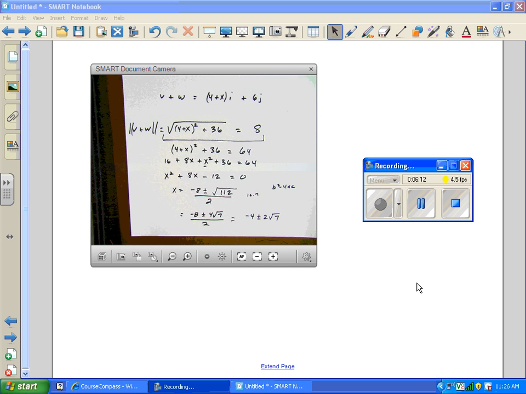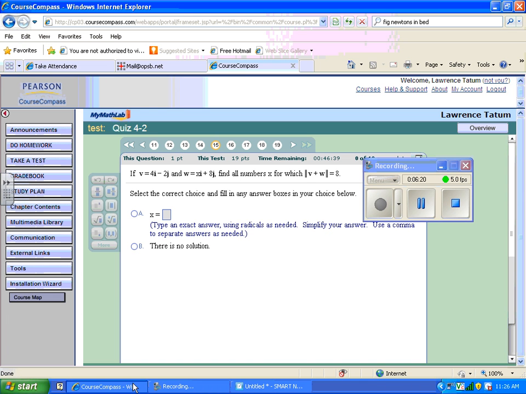Now, let's see if that's actually right. Separate it with a comma. That kind of gives you a hint that there should be 2 answers. So let's see. Now cross your fingers. Negative 4 plus 2 square root of 7, comma, and negative 4 minus 2 square root of 7. Let me switch it over so y'all can see what I'm doing.